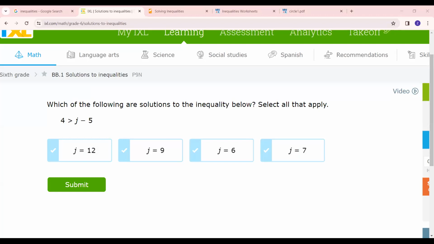This is going to be our first example. Let's go ahead and answer this question. We haven't done any inequality equations as yet, so we have to go ahead and do them, and then you should be ready to take this exam.